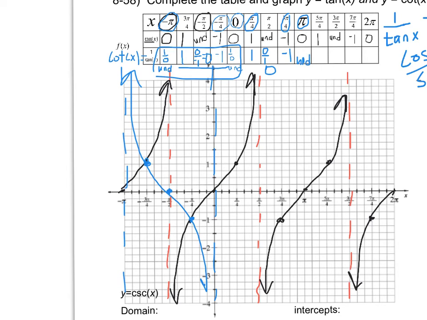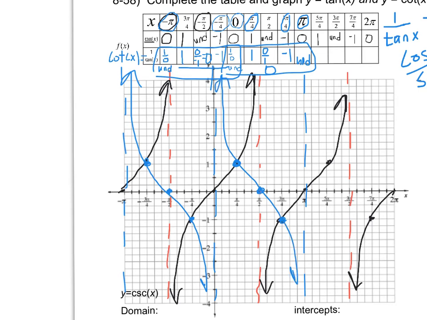Let's plot these points here. Now I've already got the first vertical asymptote at pi over 4, 1, at pi over 2, 0, and at 3 pi over 4, negative 1. And then another vertical asymptote at pi. If I connect it, there's our tangent graph.